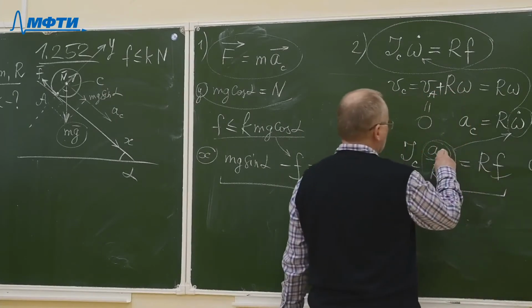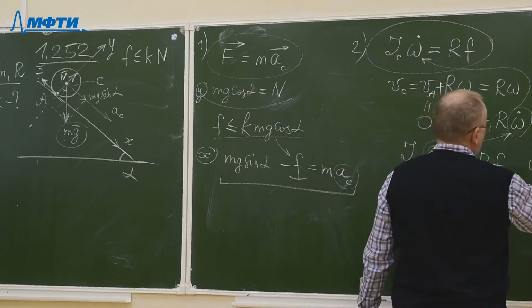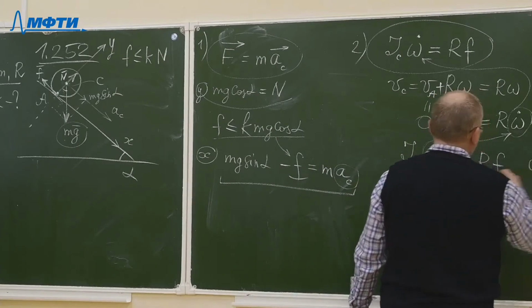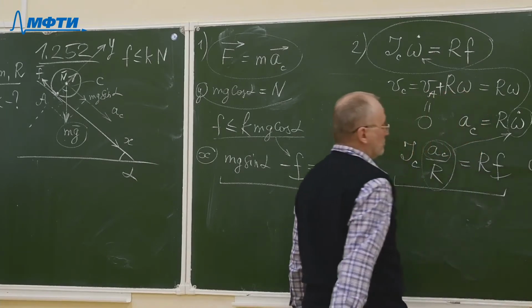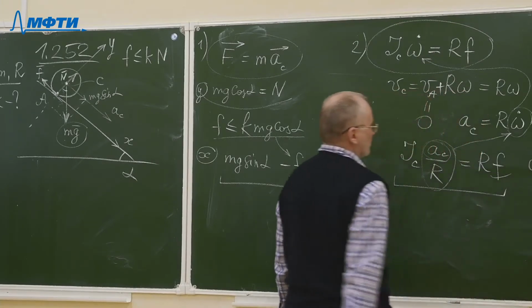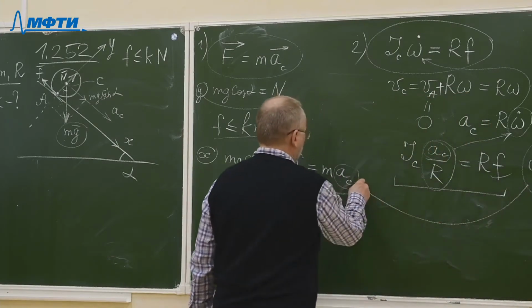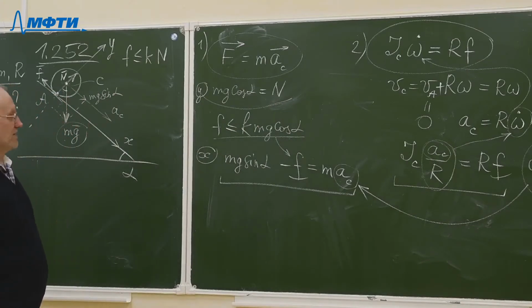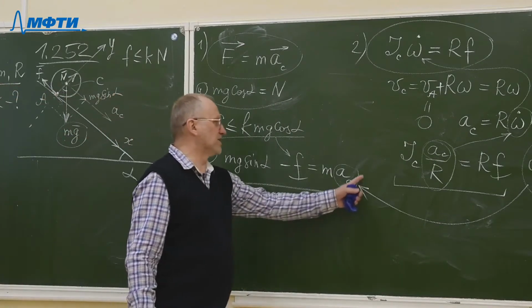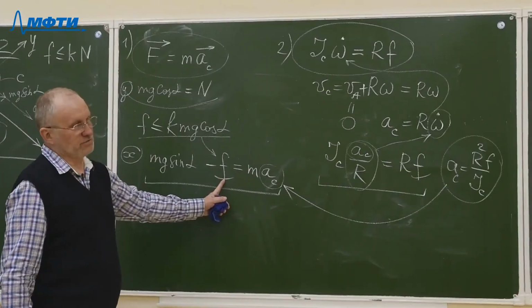Acceleration of the center of mass will be r squared f divided by moment of inertia of the ball with respect to the center of mass. And this quantity must be substituted in the first equation. And then the first equation will contain only one unknown quantity. That is the force of friction.